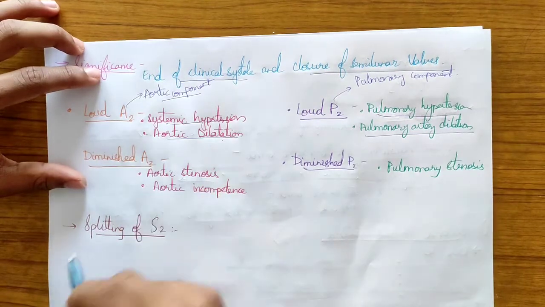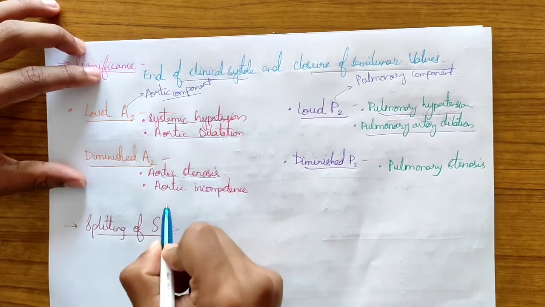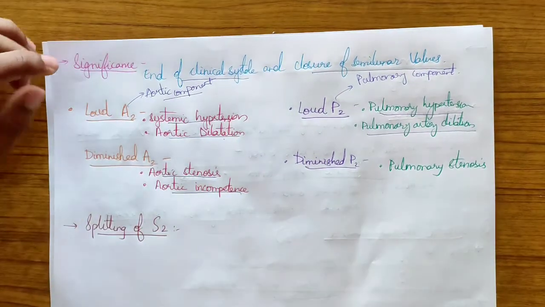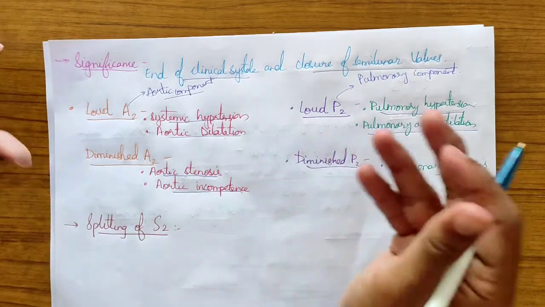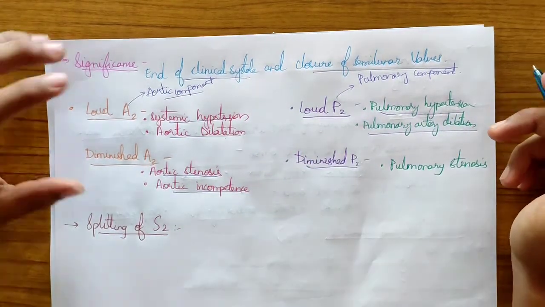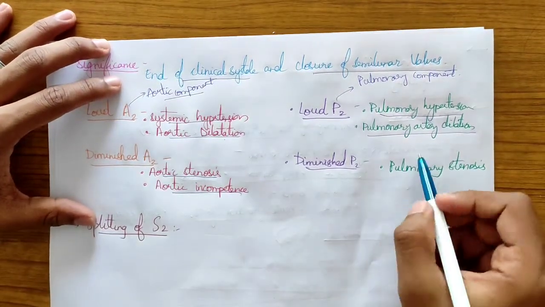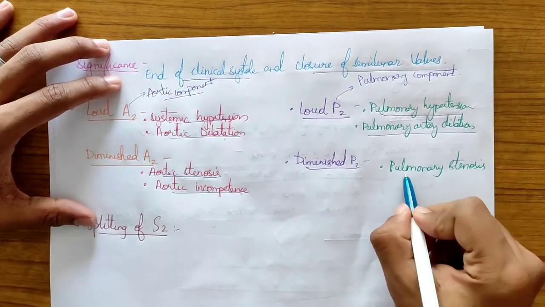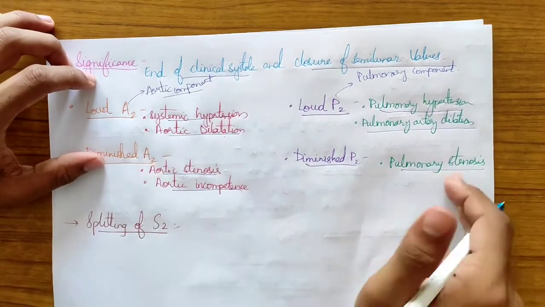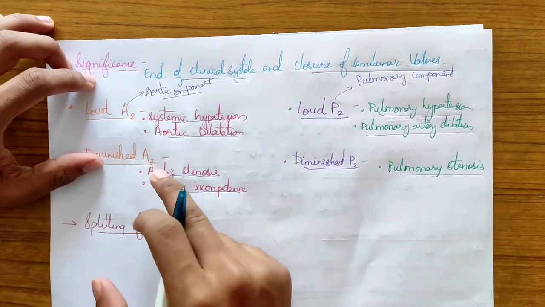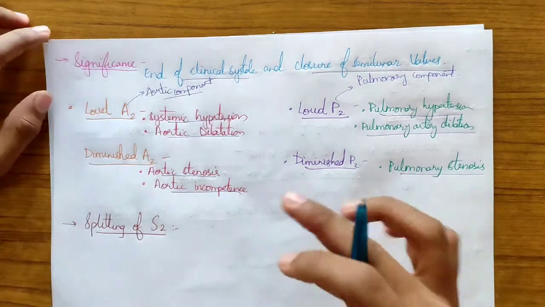The diminished A2 will be seen in cases of aortic stenosis and aortic incompetence. Stenosis means the narrowing of the blood vessel, the narrowing of the aortic part. You can imagine it like that. The diminished P2 occurs due to pulmonary stenosis. The stenosis is common again here in both of these, only the aortic word changes.